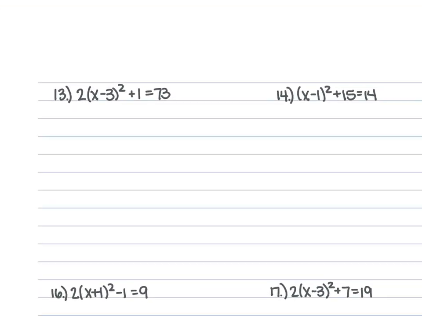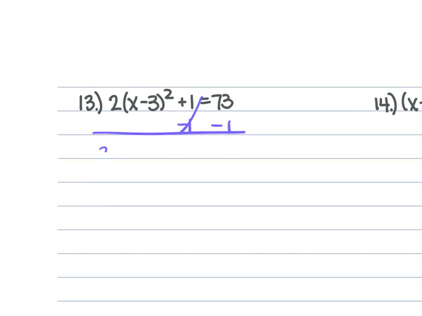For 13, we have 2(x − 3)² + 1 = 73. So we want to undo the addition or subtraction first. So we're going to subtract 1 from each side first to get 2(x − 3)² is equal to 72. Then we're going to divide each side by the 2 to get (x − 3)² is equal to 36. This is 36, not 46, I'm sorry.